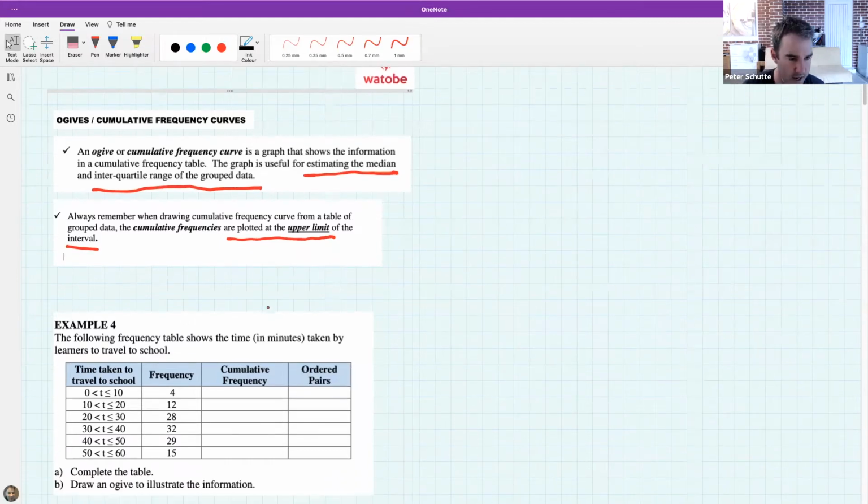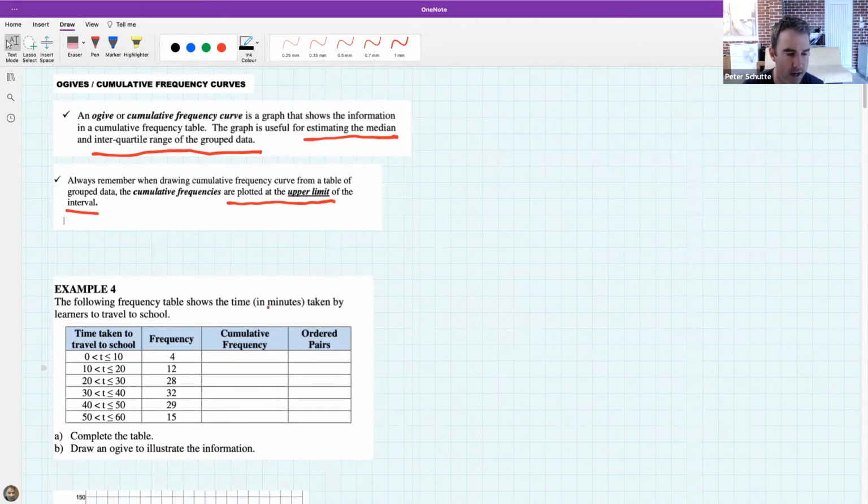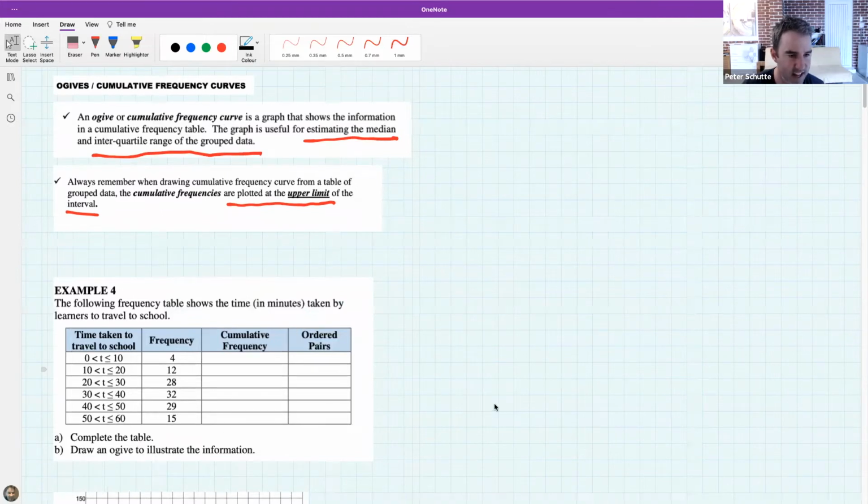So what I want to do now is I want you guys to complete this table for me. So this is a typical question from like an exam where they'll say to you, here is a data set, and it shows the time in minutes taken by learners to travel to school. So there are 4 students that take less than or equal to 10 minutes to get to school.